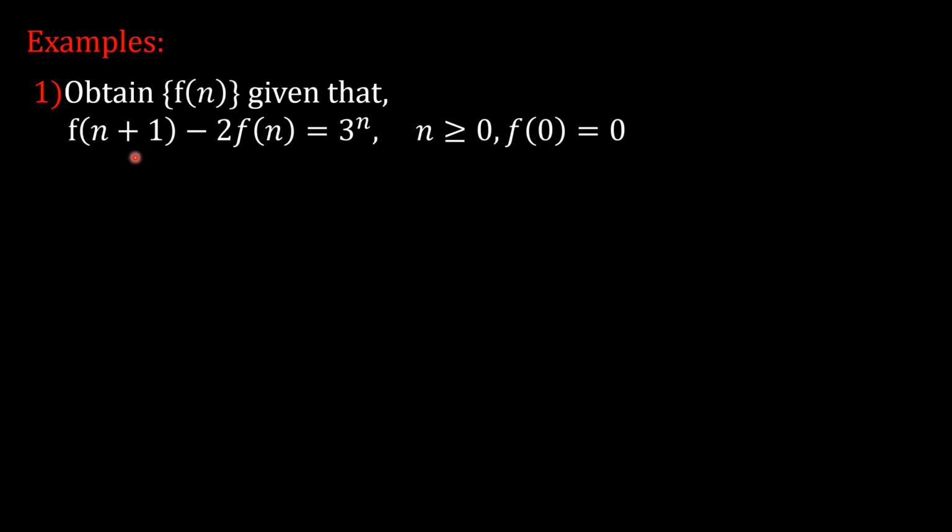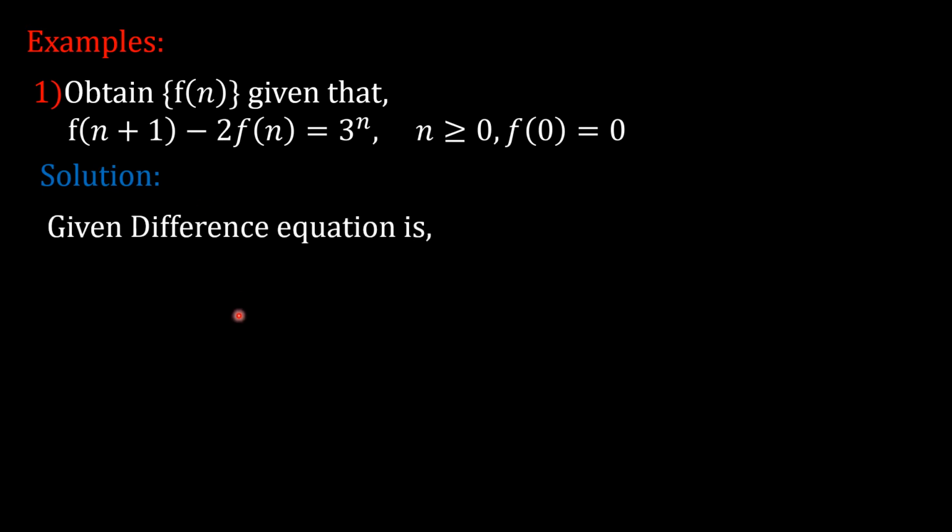So this is a difference equation with constant coefficients for n greater than or equal to 0, and we have been given the initial condition that at n equal to 0, f of 0 is equal to 0. We want to solve this difference equation and get the sequence f of n, which is the solution to this difference equation. So let us see the solution.